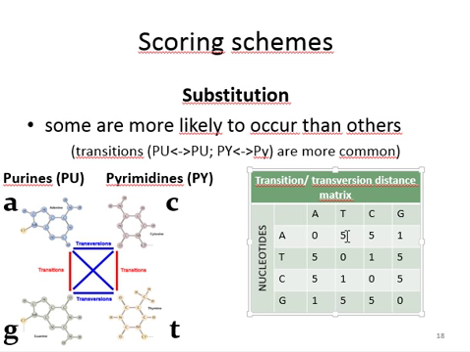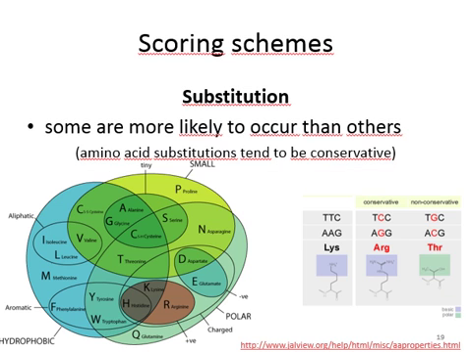There are several scoring schemes, mainly based on the properties of the amino acids or on the properties of the nucleotides. In this case, about the amino acids, you have different groups. You have the small amino acids and the tiny ones.